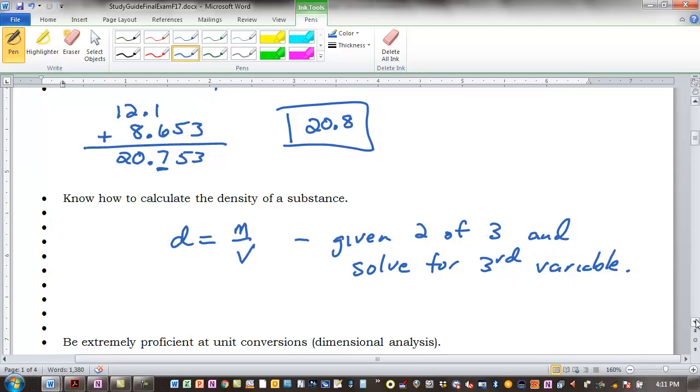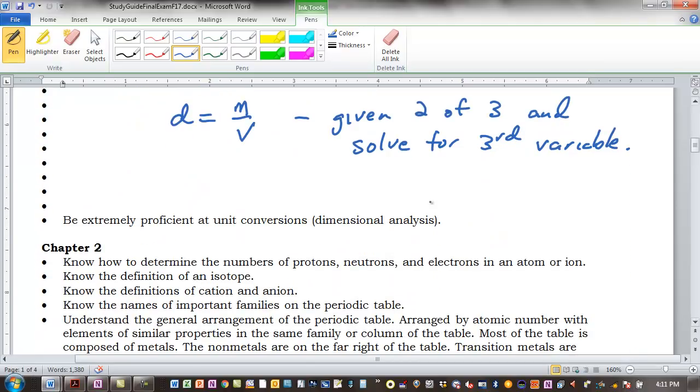One of the big things in Chapter 1, dimensional analysis. And where you're going to see that mostly on this exam is in stoichiometry, or in converting, say, moles to atoms, using Avogadro's number. I don't remember the whole final, but I don't think there's just a dimensional analysis problem converting like inches to picometers or something.